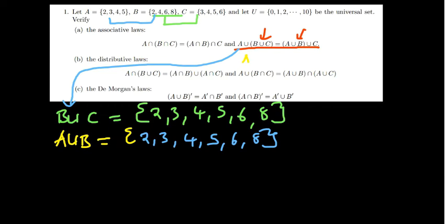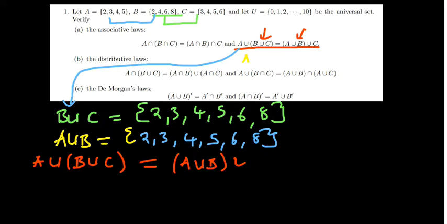Now I'll show you the other way of verifying, where you copy it all at once. You have A union B union C as the left hand side, and on the right hand side you have A union B union C. So just paste whatever you have.